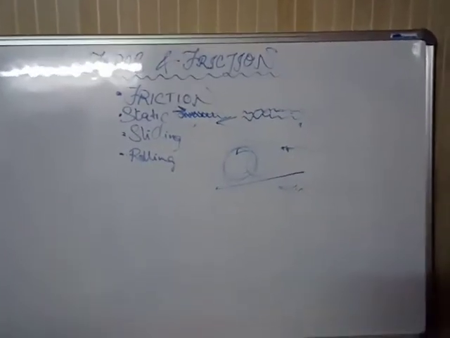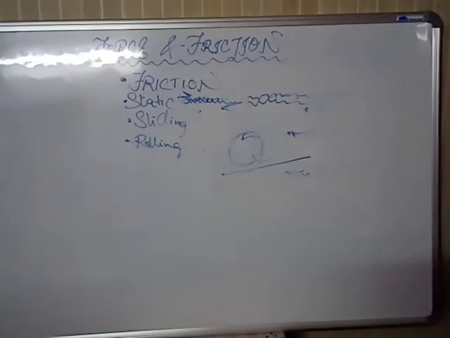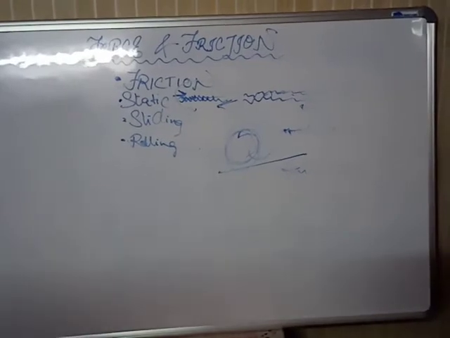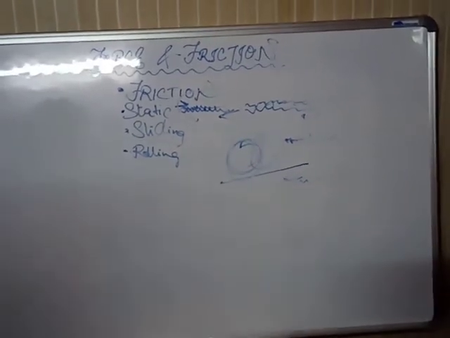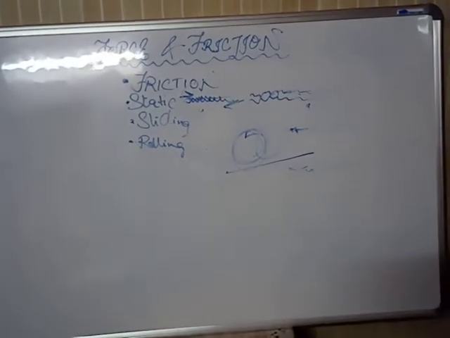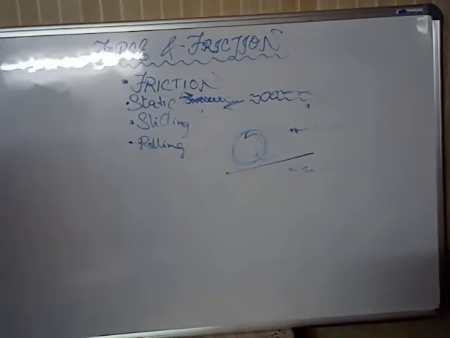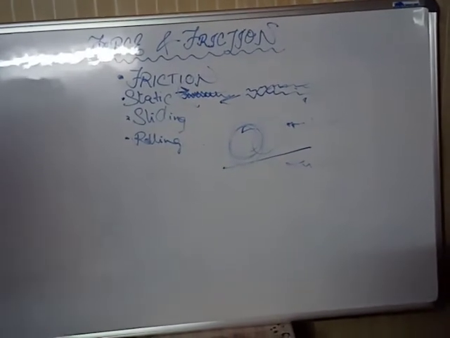Now fluid friction, it is the same. The friction that up to now we have read is of solid things. The same when it occurs in a fluid, that is in a liquid or gas, is known as fluid friction. The resistance to motion offered by fluid is known as fluid friction.